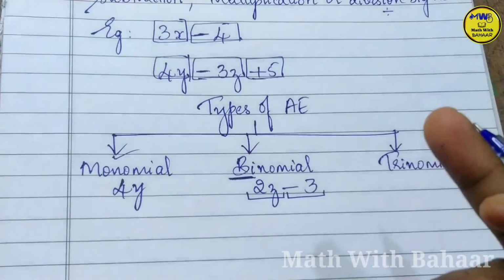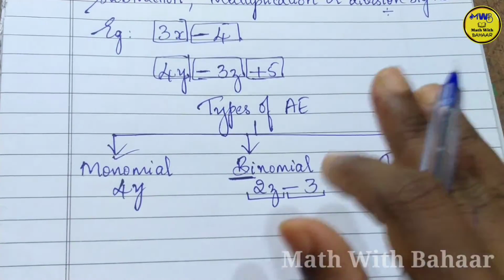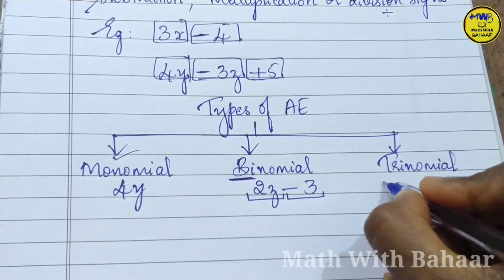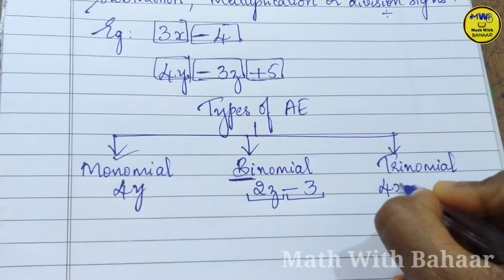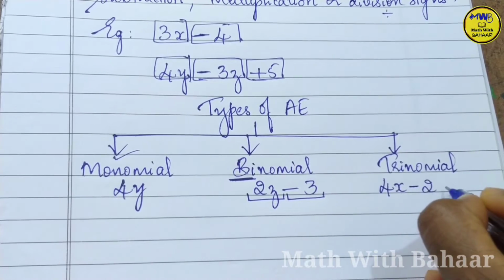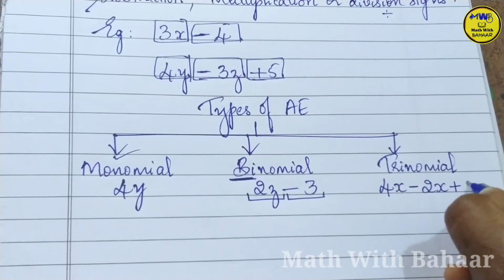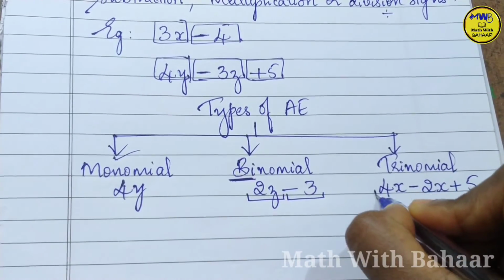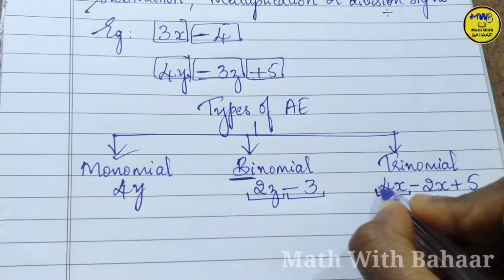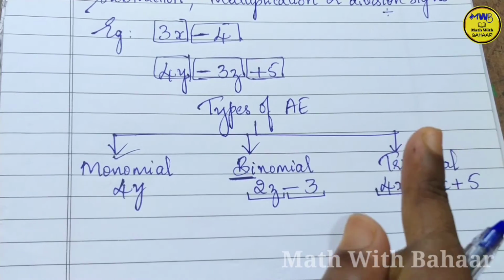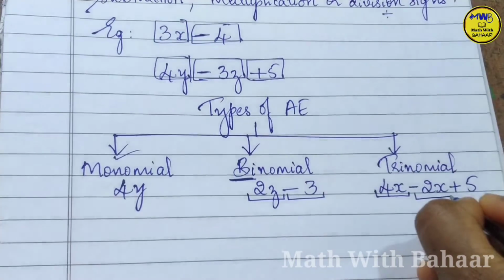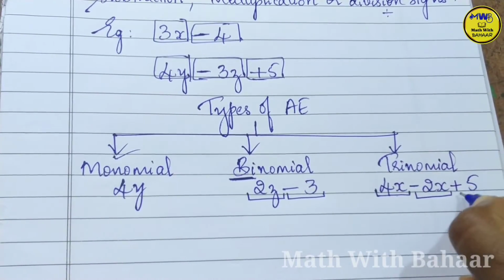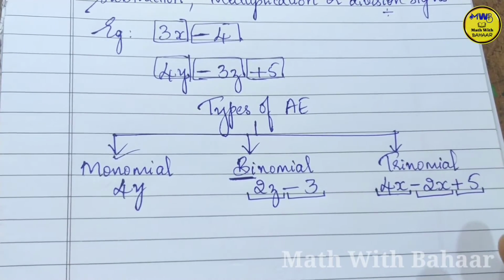You have to use three different terms. Either you can use plus or minus in between. So let's say 4x -2x plus 5. How many terms are here? There are three terms. The first term is 4x, that is 4 into x forms one single term. -2x is the second term, plus 5 is a third term.